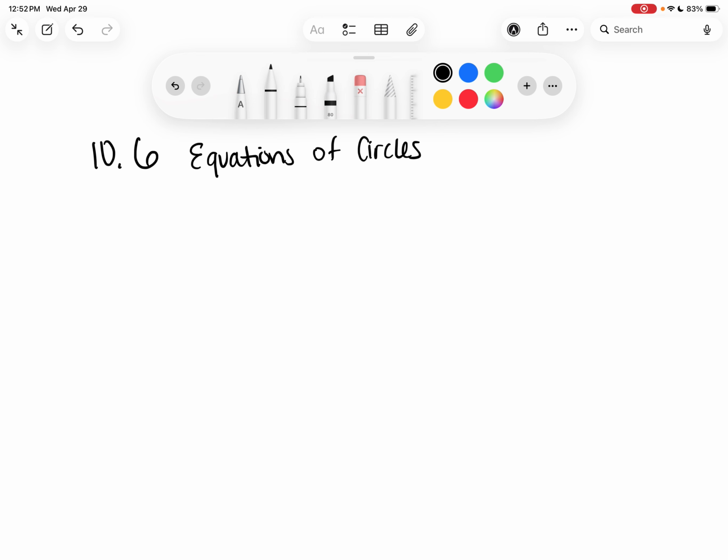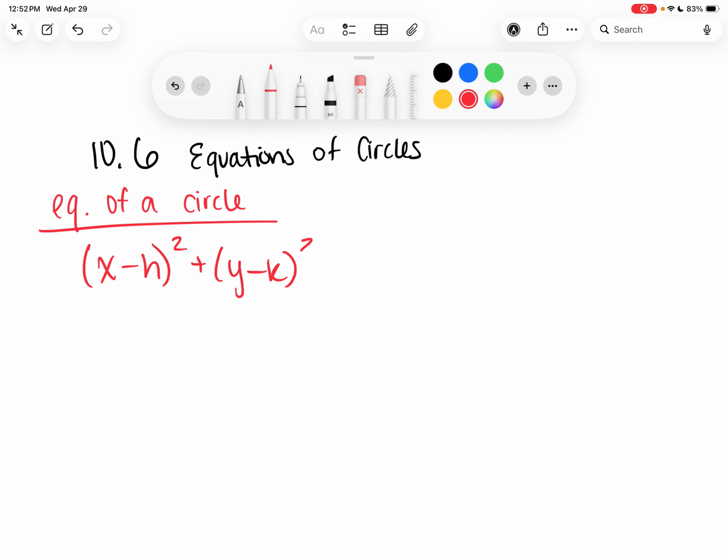All right, so just for reference, we're going to have this equation of a circle. If you already wrote it, obviously you have it, but we've got x minus h squared plus y minus k squared equals r squared, where the center is at (h, k) and the radius is r.